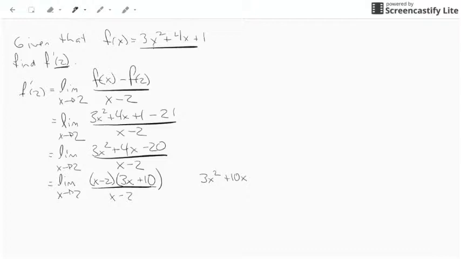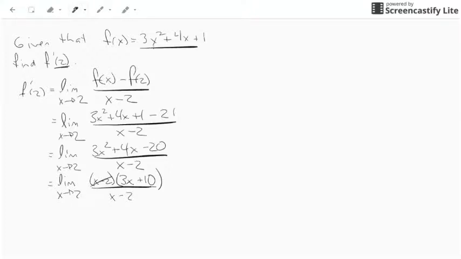Negative 2 times 3x is negative 6x. Negative 2 times 10 is negative 20. And now notice that 10x minus 6x is positive 4x. So that actually works out great. That is the way it's supposed to factor.